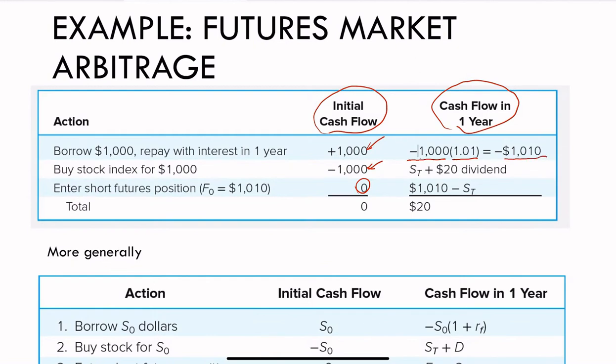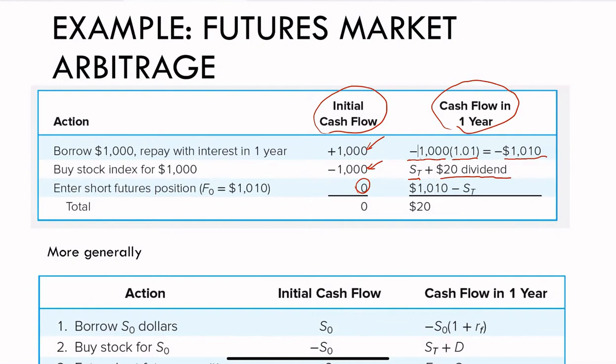Now let's assume the price of your equity position is ST at the end of the first year. Then you can see that your equity position will give you this value of ST plus dividend, right? And then what is the payoff from your short position?